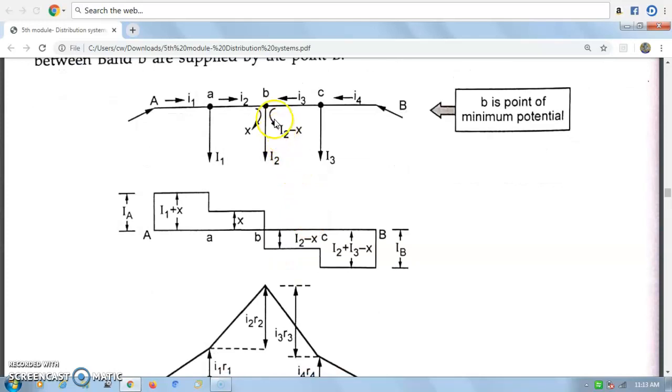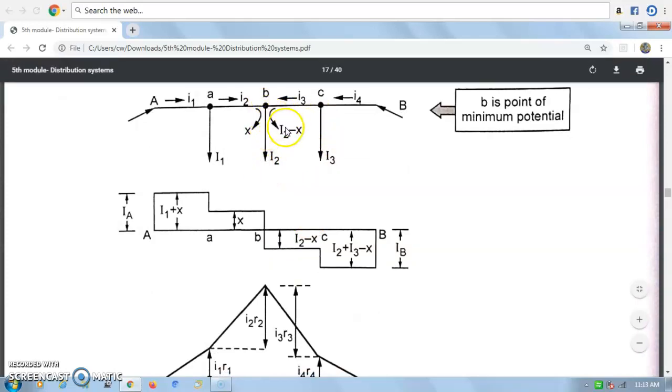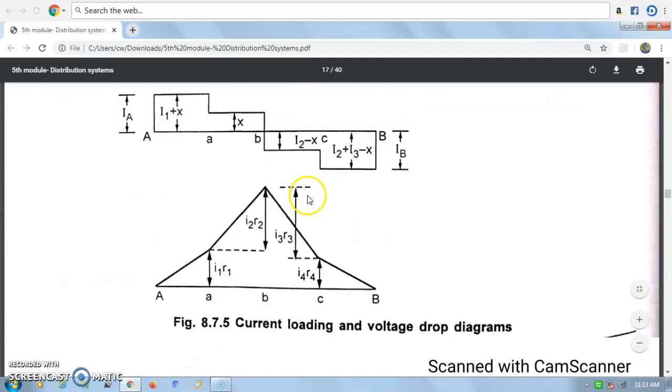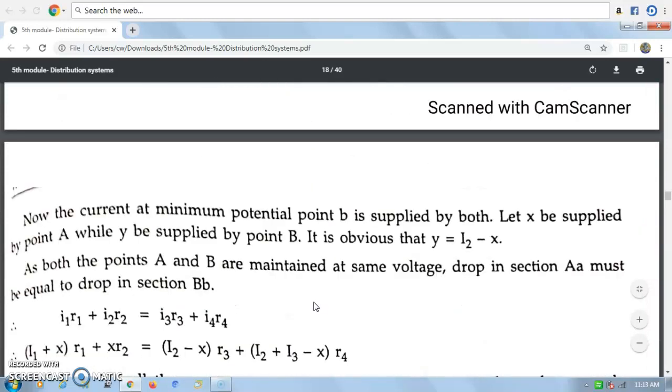Next, here I3 is there, here I2 is there, I2 minus x, and I2 minus x plus I3 is equal to I4. I4 is equal to I3 plus I2 minus x. Remember this concept. The voltage drop diagrams are shown here.